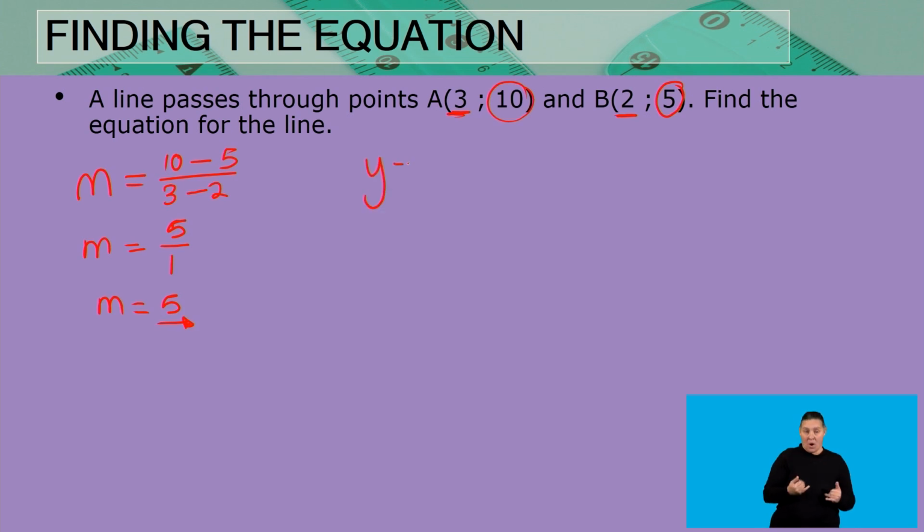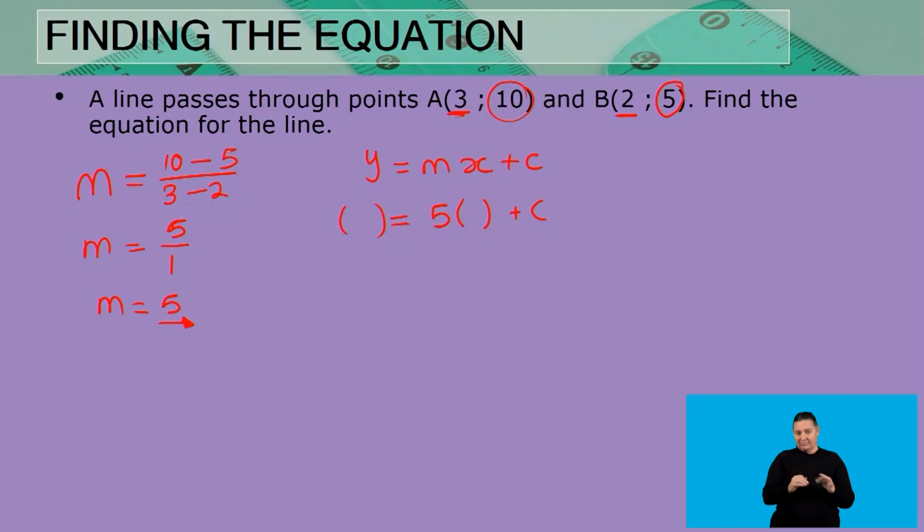Now that we have the gradient, we can use our standard form to calculate the y-intercept. What's interesting here, remember, is that for the gradient we are just going to substitute what the gradient is. But for the x and the y value, you can choose whether you use point A or point B. Any point on that particular line will work. Let's take point B. So the x value for point B is 2 and the y value for point B is 5.